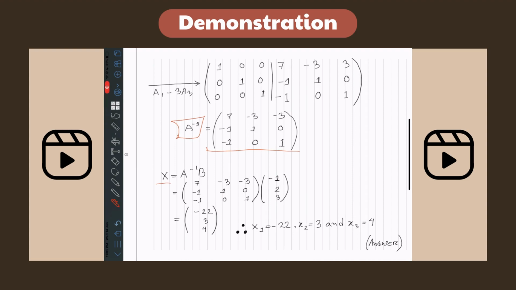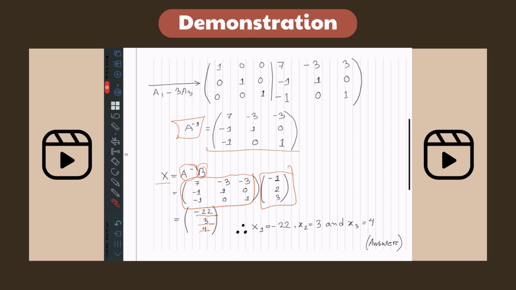After finding the inverse matrix, in order to find X, we need to multiply the inverse matrix with B. Over here, after multiplying the inverse matrix with the matrix B, we would find a new matrix of 2, 3, and 4.